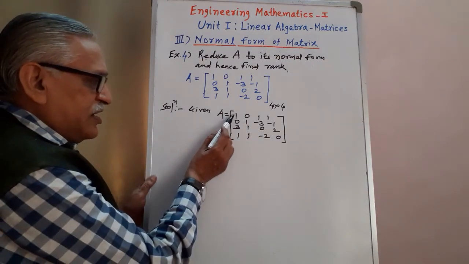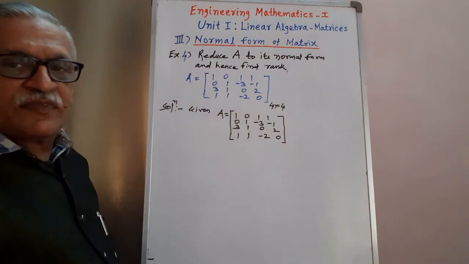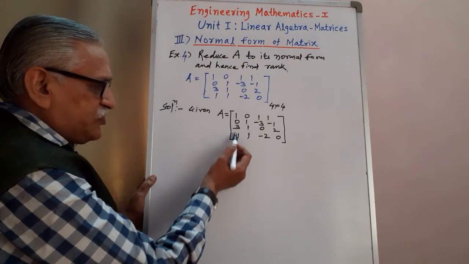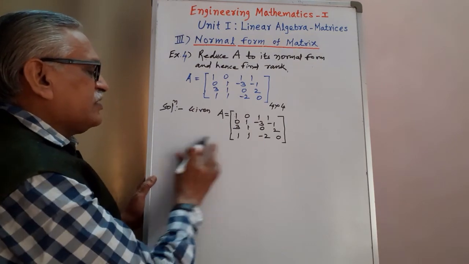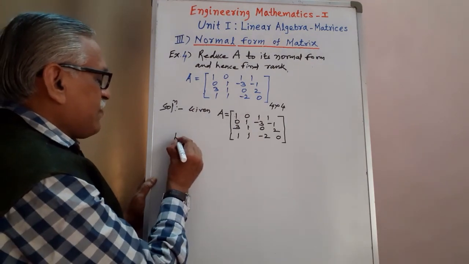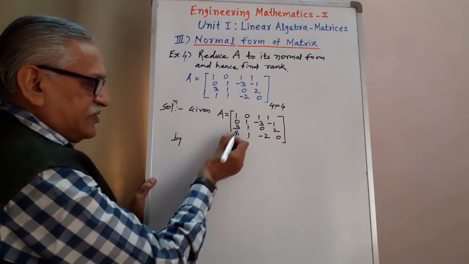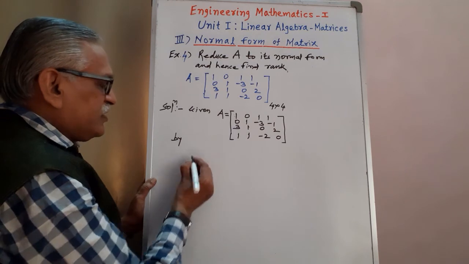Therefore, the leftmost element is here 1, keeping it as it is, and then using this one we try to convert all the elements below it to 0 by applying the transformation. This element is already 0, then we go for the second one.